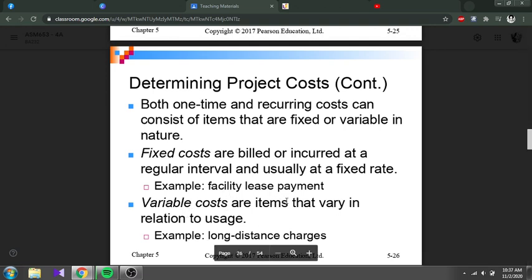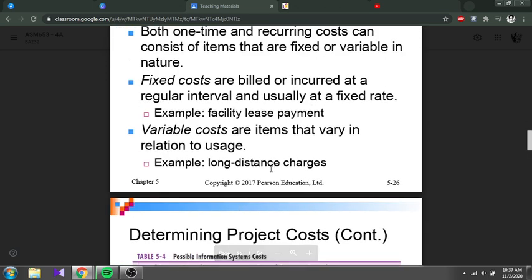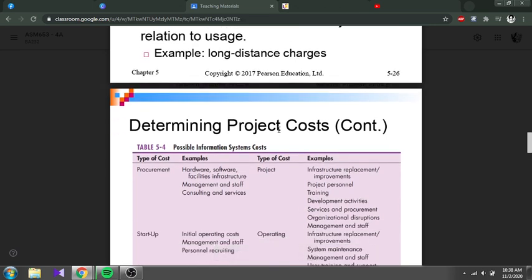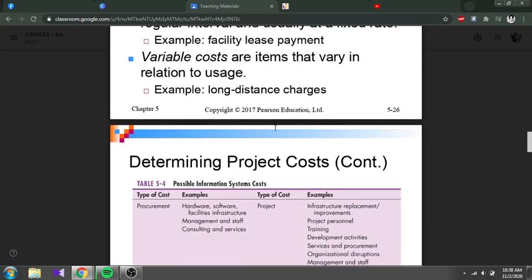Variable costs are items that vary in relation to usage, like long distance charges when you make a call, or when you move your office from one location to another. That is a variable cost; if you have a long journey or long duration of transferring items, the cost will be more.